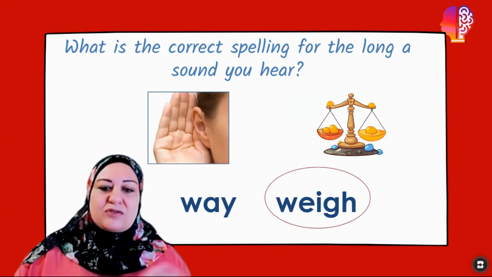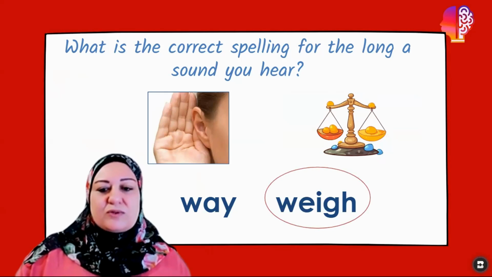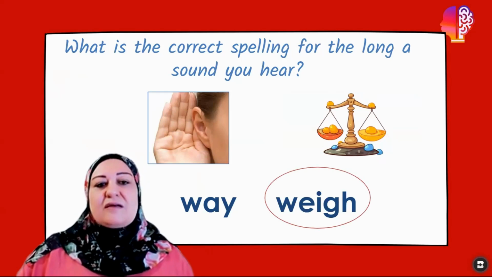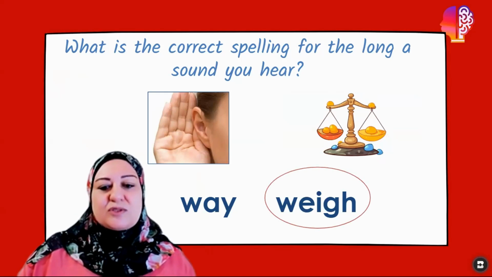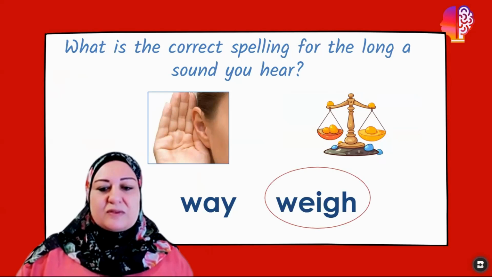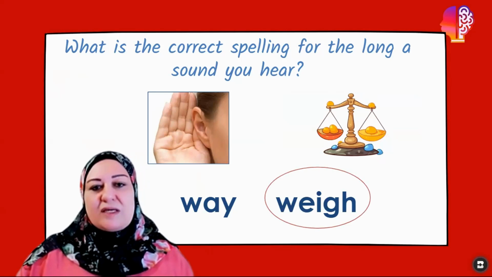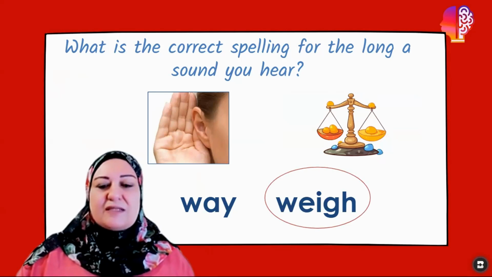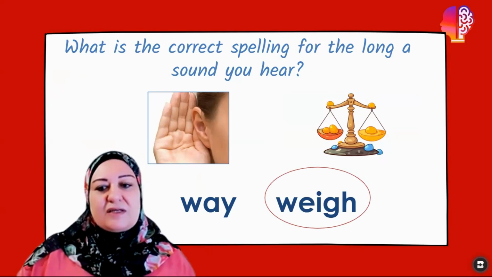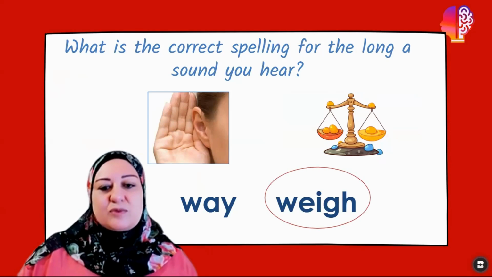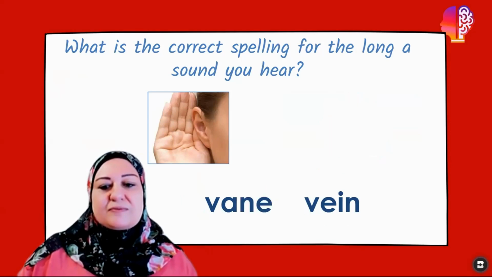W-E-I-G-H. So as you can see, it's important also to use the words in context, use them in the sentence so the child understands which word you're talking about. Like here you have two homophones, way and weigh, but using them in a sentence helps the child recognize which word you are talking about.